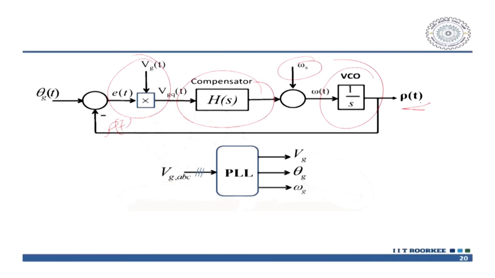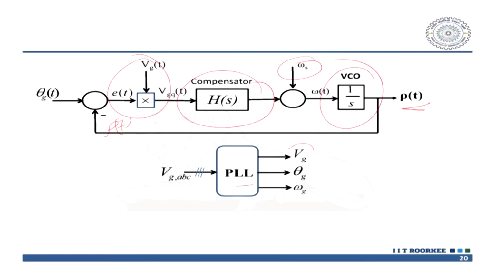This is the working principle of your PLL. So, you have Vg abc into the PLL, you get Vg, you get theta as well as the frequency. This is what you can get from your PLL.